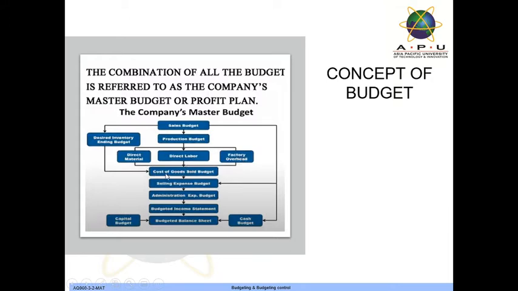Then we have cost of goods sold budget, selling expenses budget, administrative expenses budget, budgeted income statement, and budgeted balance sheet. From this we have cash budget too, and capital budget. The cash budget actually helps management make better decision making.